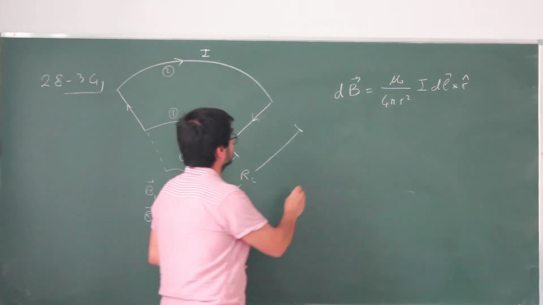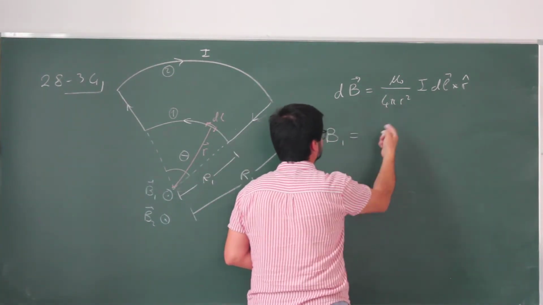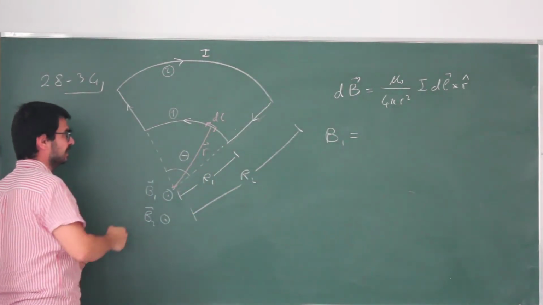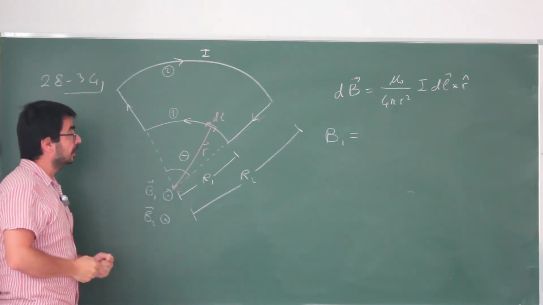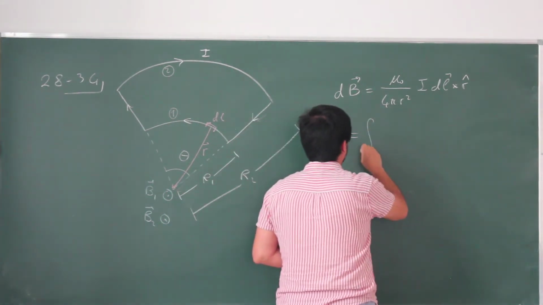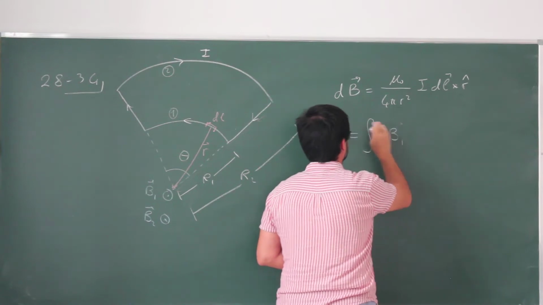So what will be the magnitude of B1? Now I need to take this and integrate this, and because the magnetic field produced by each little segment is in the same direction, namely pointing away from the blackboard, I can write that vector sum as a scalar sum.